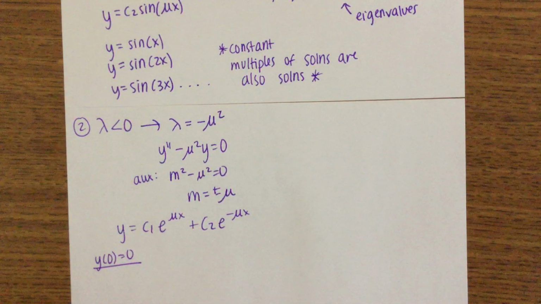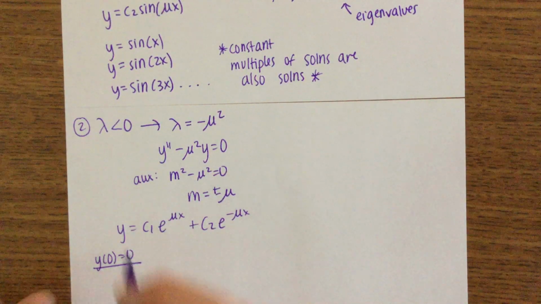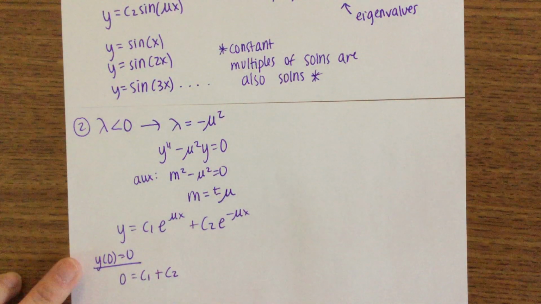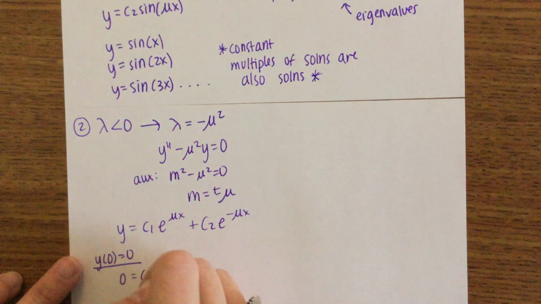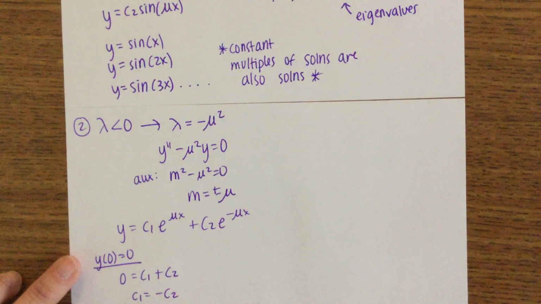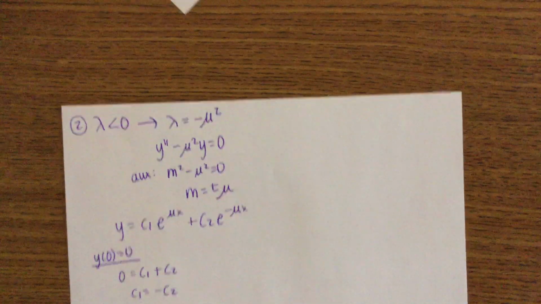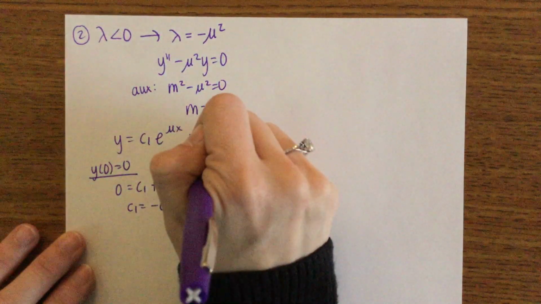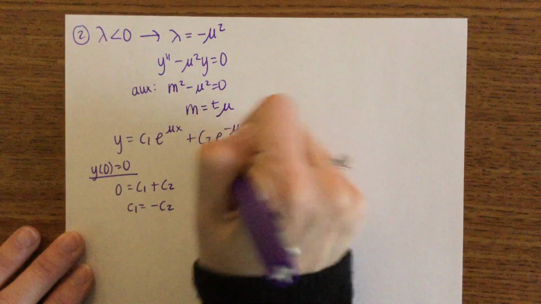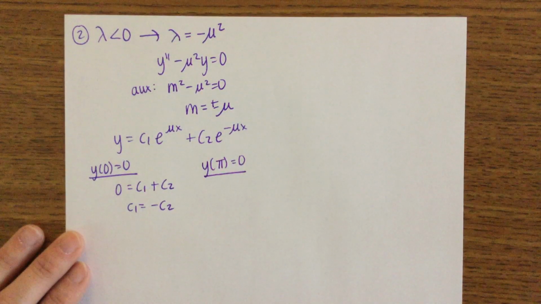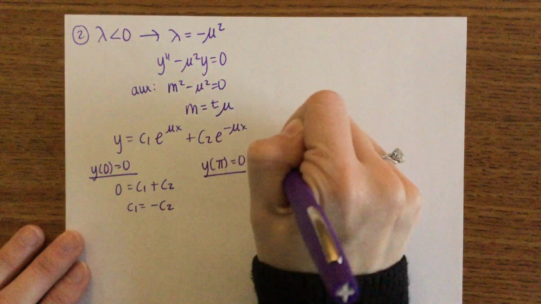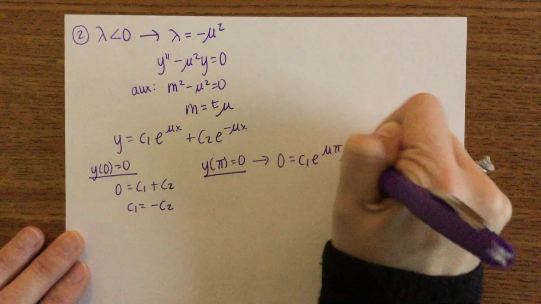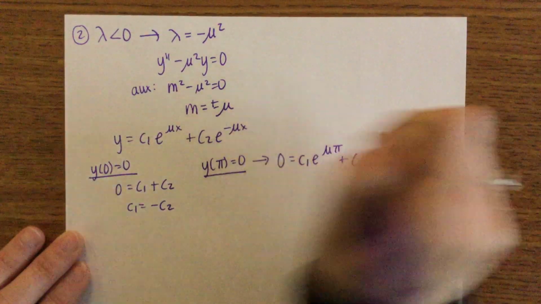First condition was y of 0 equals 0. So we get 0 equals c1 plus c2. So c1 then is the opposite of c2. Next condition is that y of pi is equal to 0. We get 0 equals c1 e to the mu pi, add c2 e to the negative mu pi.